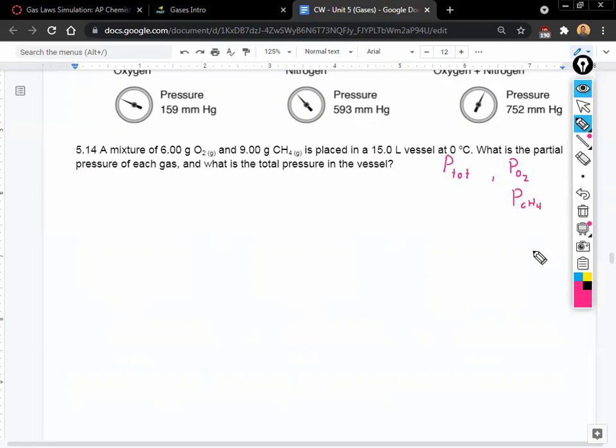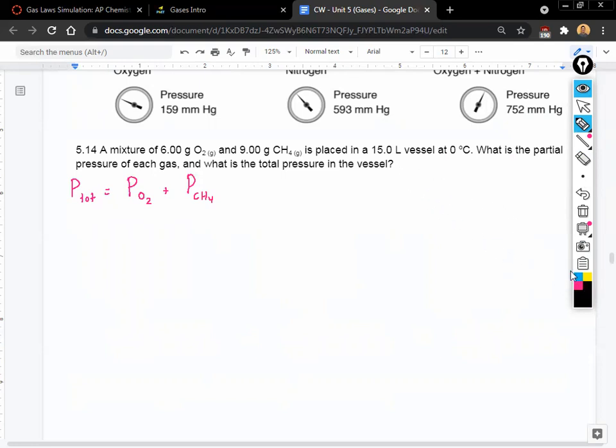Okay, now we just learned, based on Dalton's law of partial pressure, that the total pressure is equal to the pressure of the gases it's made out of. So that means if we can find total pressure, we can find the pressure of oxygen and methane, or vice versa, okay? So this is the equation that we can kind of take out of there, and we're looking for all three of these values.